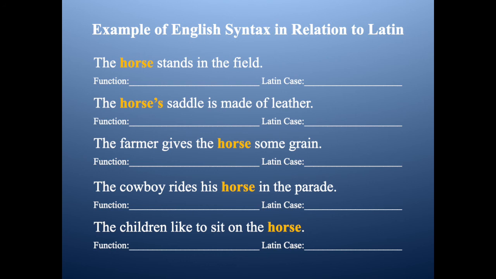Now, why is this so important? Because most of the languages of the world are either pictorial, non-inflected, or inflected. Okay, so pictorial, there aren't too many of them. If you think Chinese with its characters, it is a pictorial type language. Most of them then fall into inflected and non-inflected. So by learning Latin with a full English grammar built into it, your students and yourself, you are learning how most of the languages of the world work.